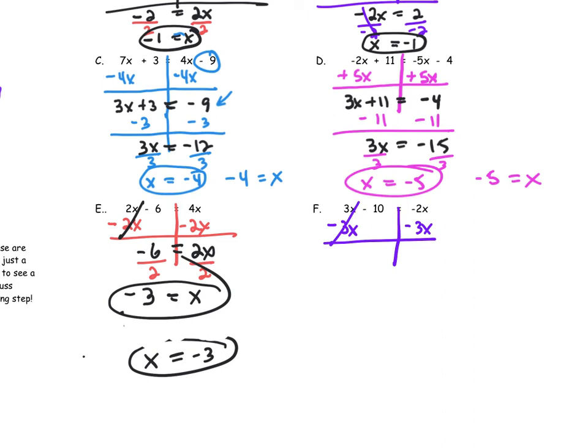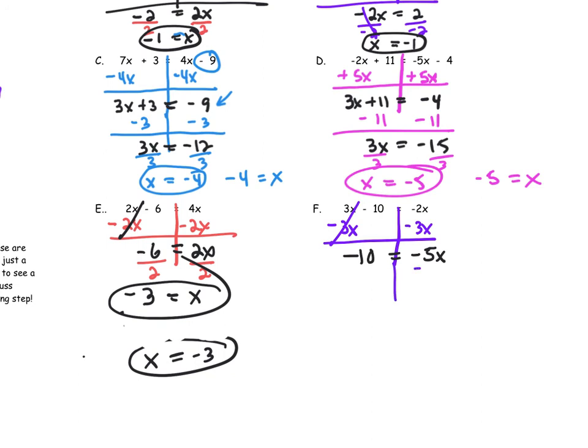So this eliminates, leaving me with -10 on this side, and -2x combined with a -3x. Either way, it's going to give me a -5x. So I could have avoided the negatives by eliminating the -2x, but it would have cost me one more solving step. So it's really kind of your choice.